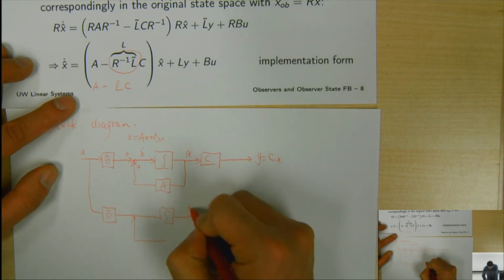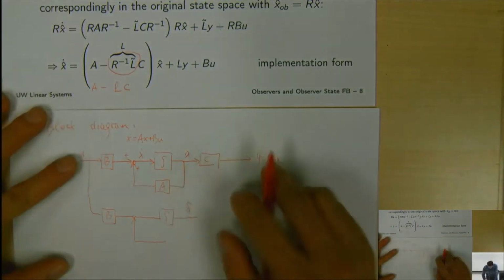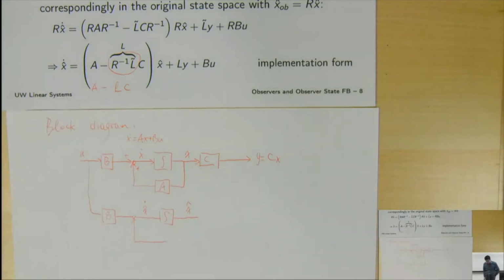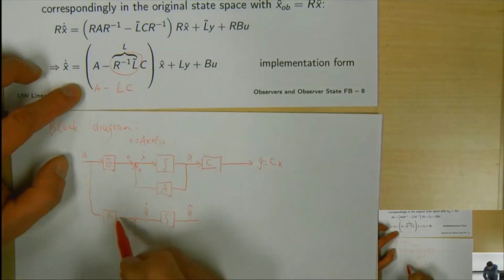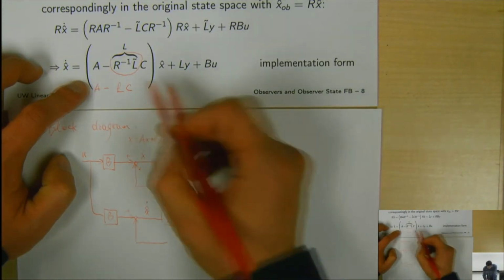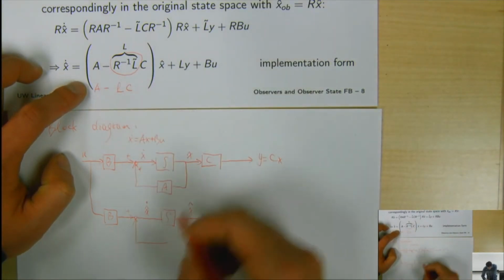We're going to have the observed state x hat, which is integrated from x hat dot. And x hat dot equals Bu, right over here, plus the first part, let's write it this way.